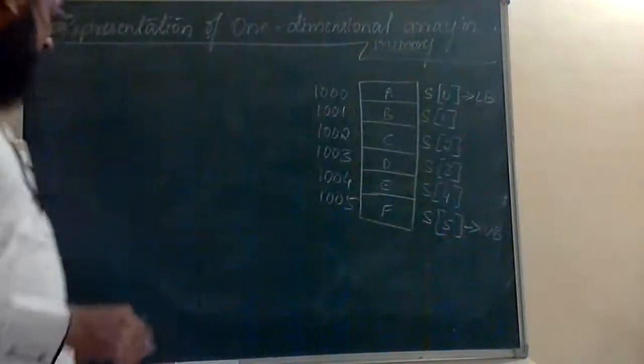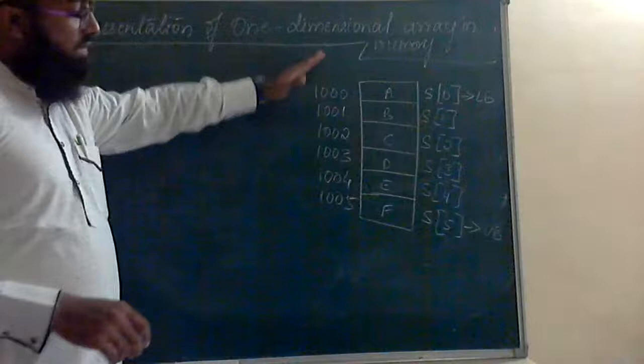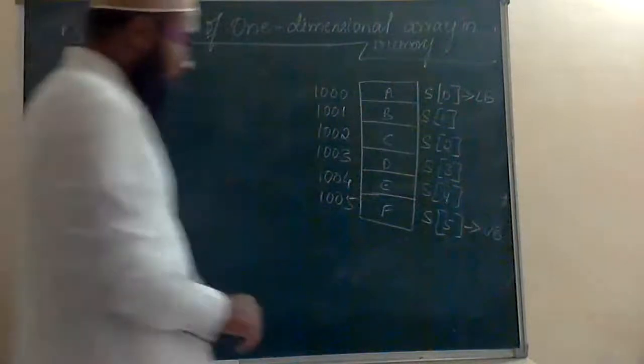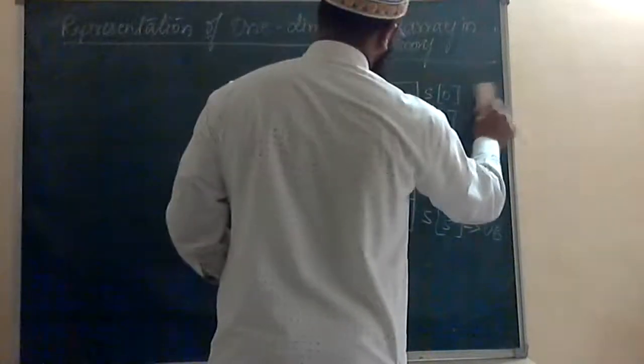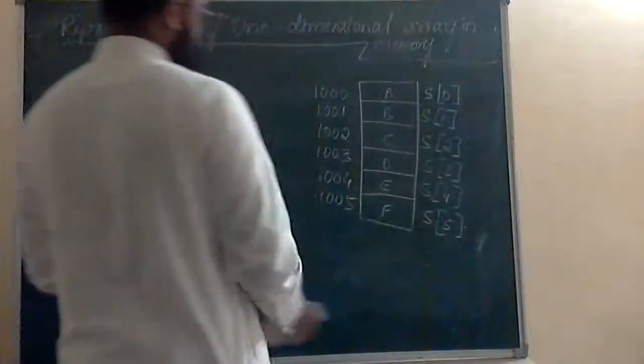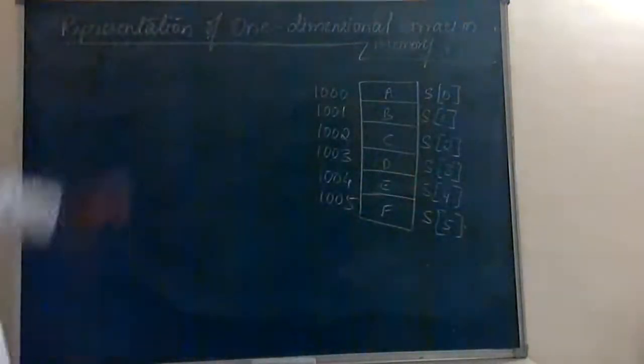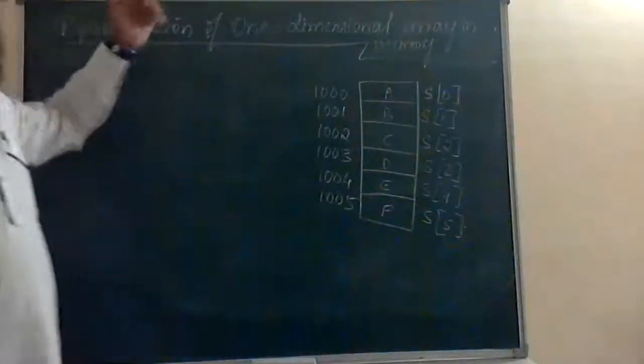How will you represent this? I will take the same example. Now just remove this. For this example, I'm going to explain how you represent the one-dimensional array in memory.